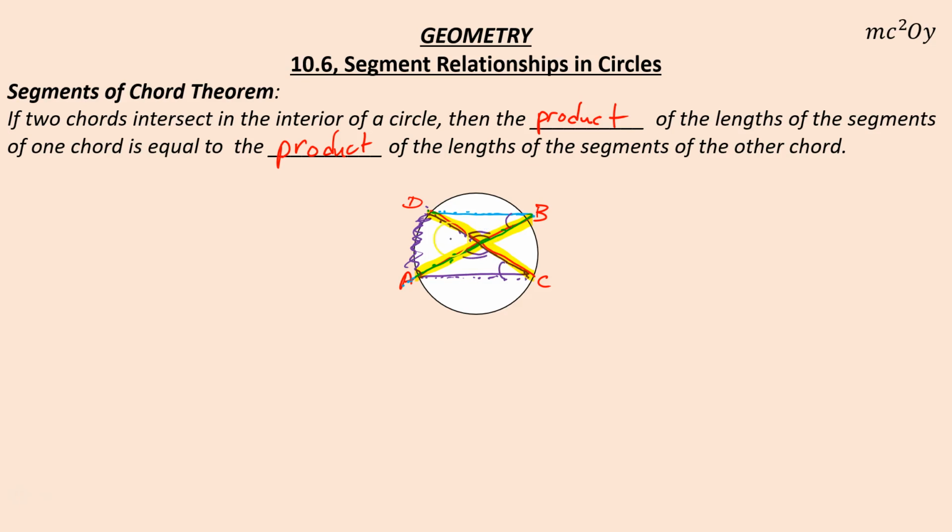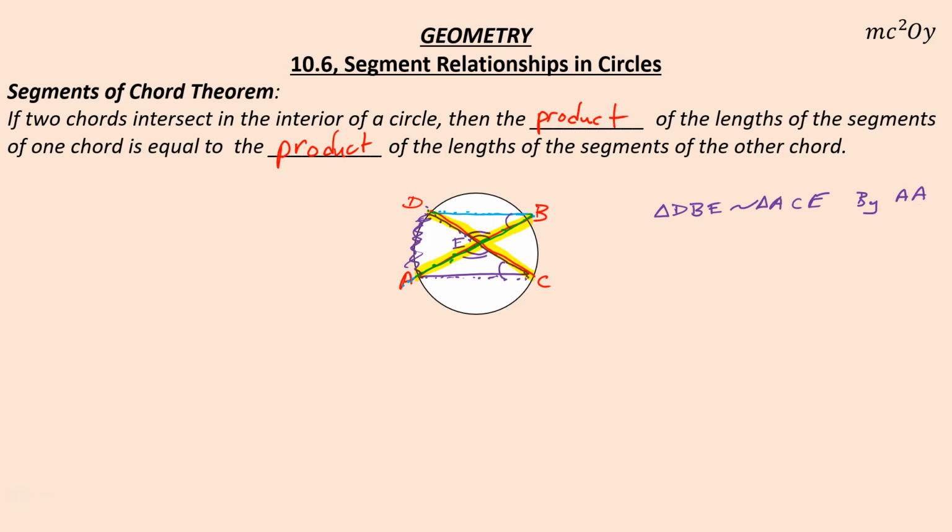So if you were to label the point in the middle E, I would know that triangle DBE is similar to triangle ACE. And I know they're similar because they have two angles congruent by angle-angle.